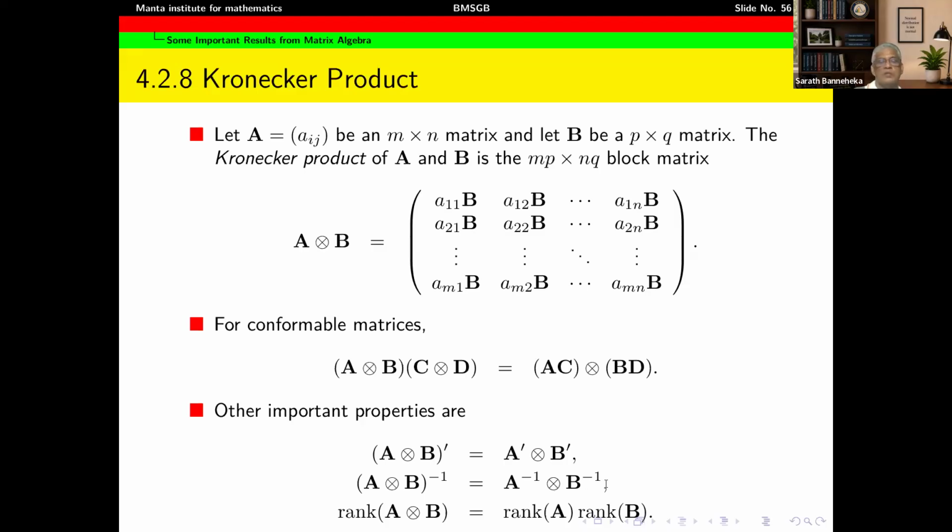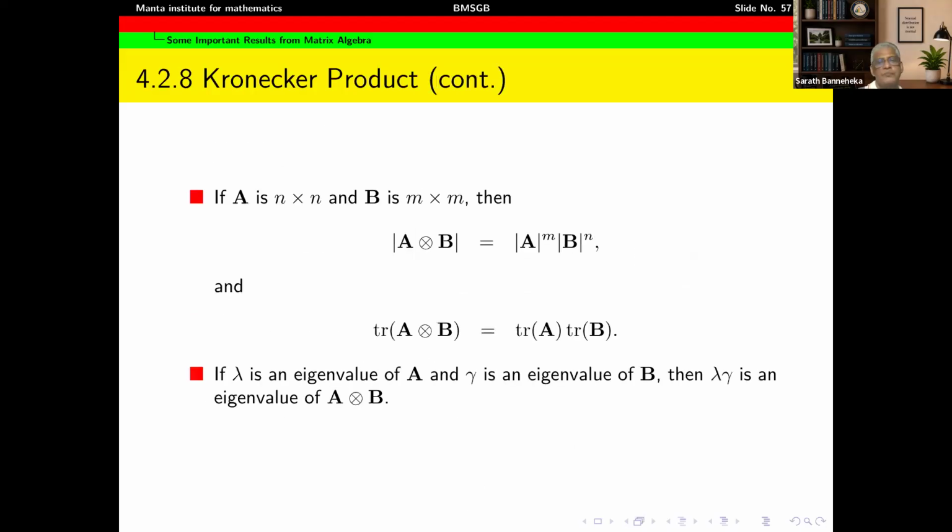That is again similar to the usual matrix product. And then rank of A Kronecker product B is equal to rank A times rank B, right? So those are some important results about the Kronecker product.